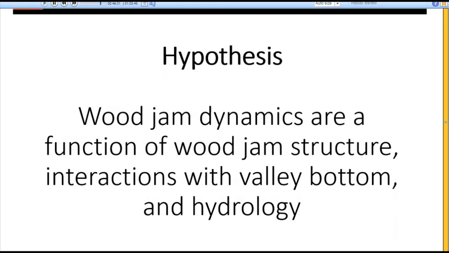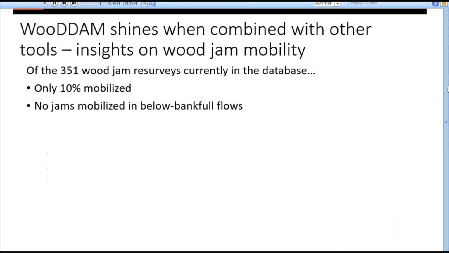So the primary hypothesis that we've been looking at is that wood jam dynamics are a sort of complex function of the structure of a jam, so things like its porosity and permeability, its shape, its geometry, its interactions with the valley bottom, so whether it's, say, pinned on a large boulder or just sitting in the middle of the floodplain, and the hydrologic regime that jam experiences on a yearly basis.